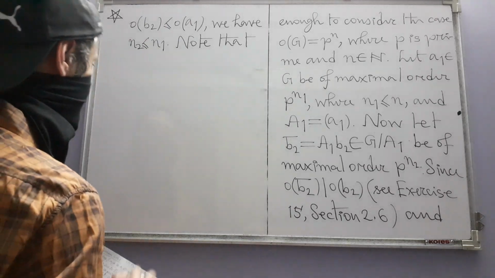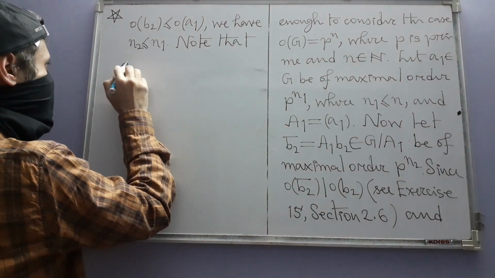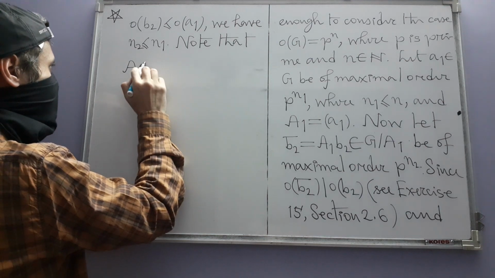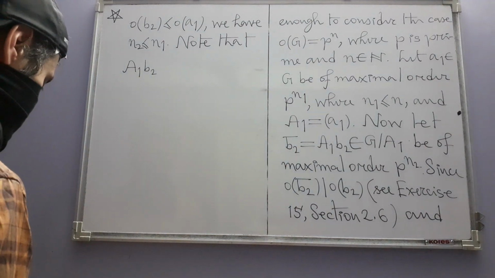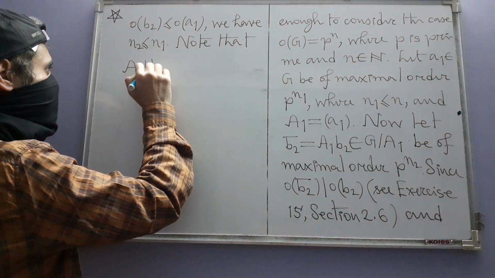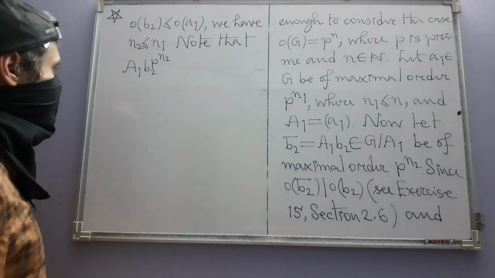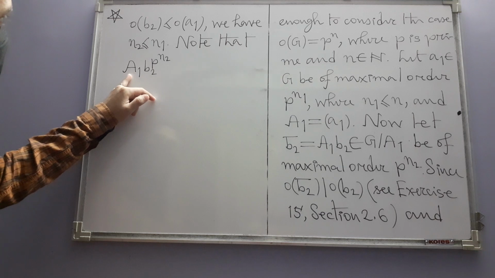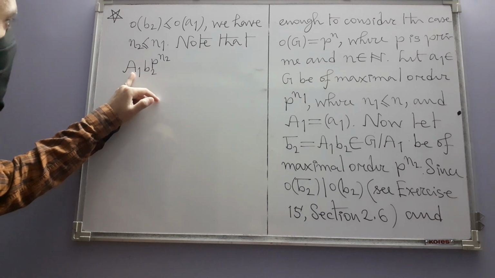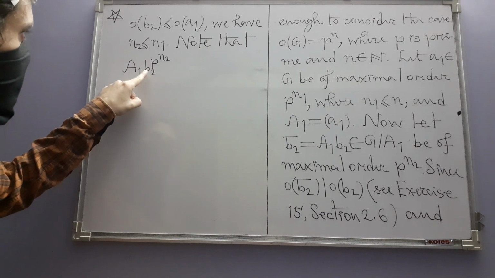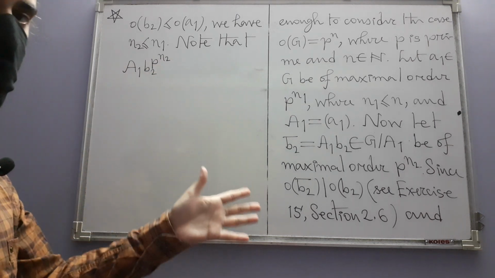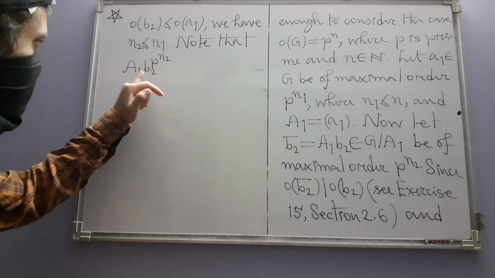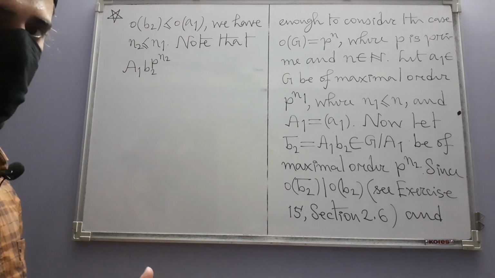Note that a1 b2 to the power p to the power n2. So you see here we are looking at a coset of a1 by the element which is the power of b2, where the exponent is p to the power n2.